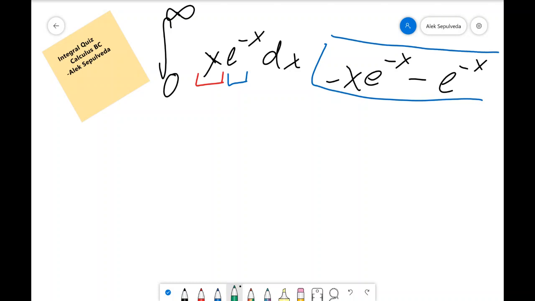So now we have to interpret this from 0 to infinity.